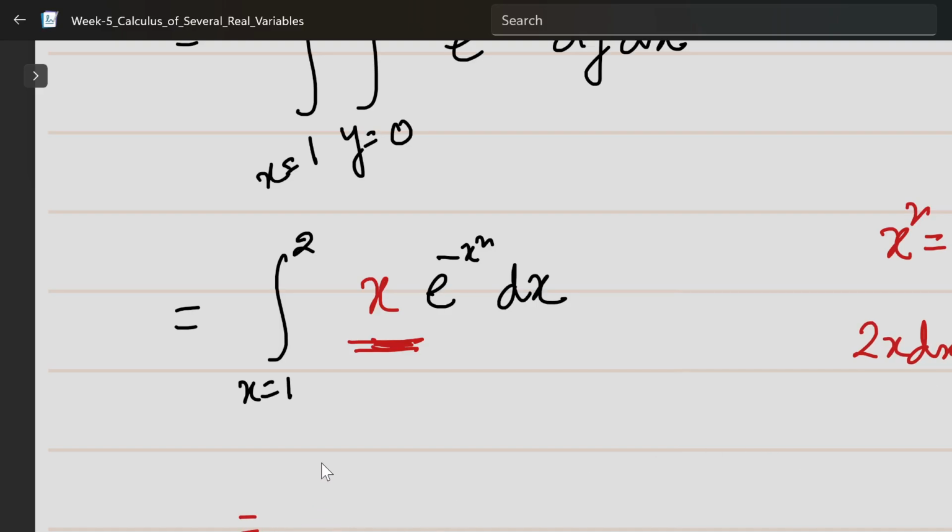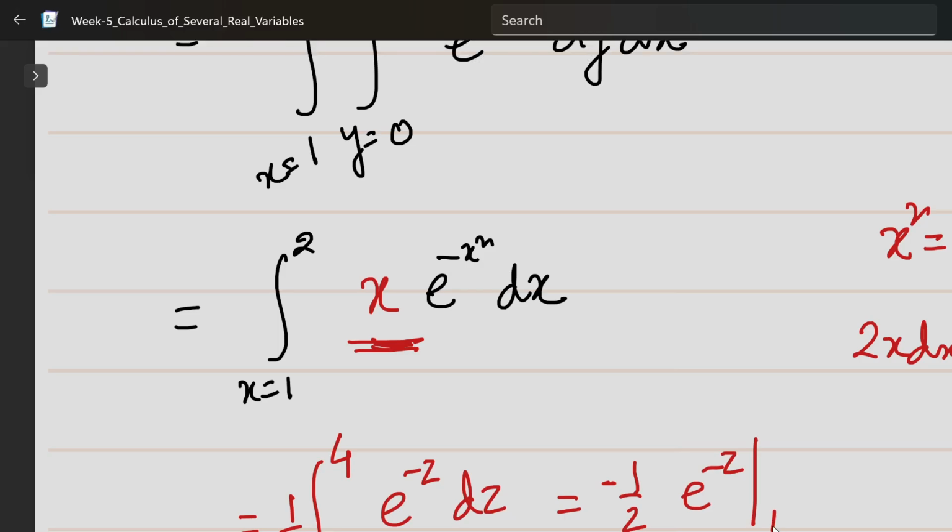To integrate this, z is from 1 to 4, it is half e power minus z dz. So it can be solved, right? The integral of e power minus z is minus e power minus z, so from 1 to 4, it is some e power minus 4 minus e power minus 1.